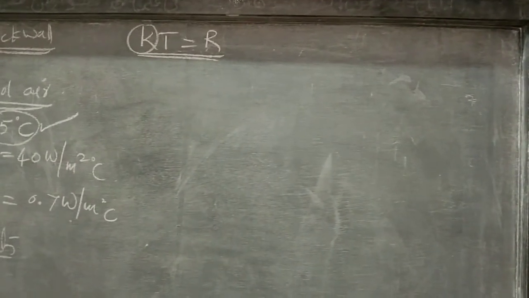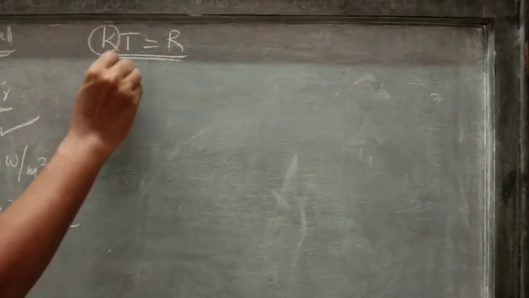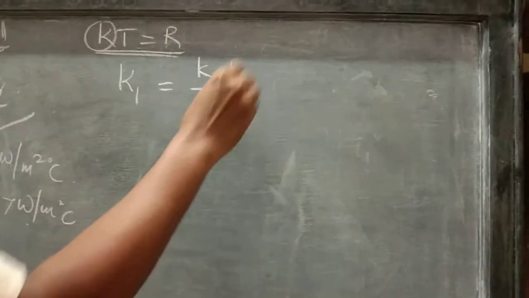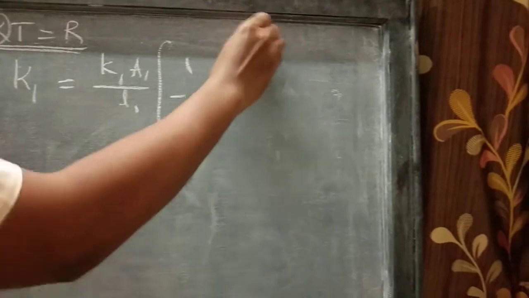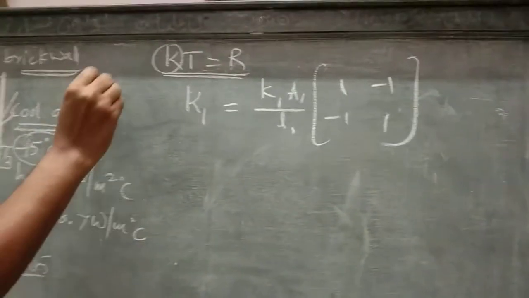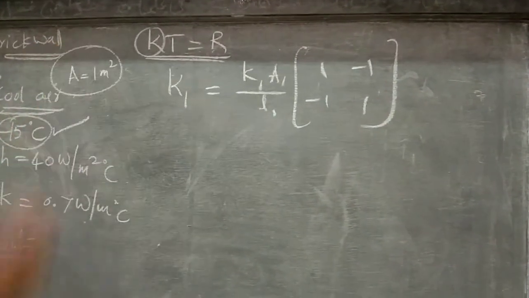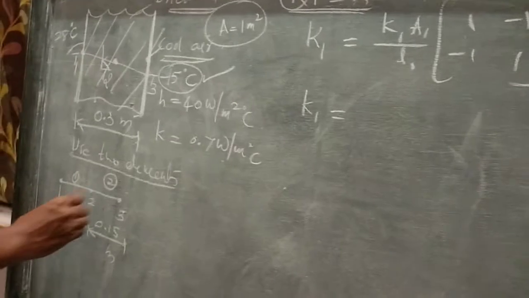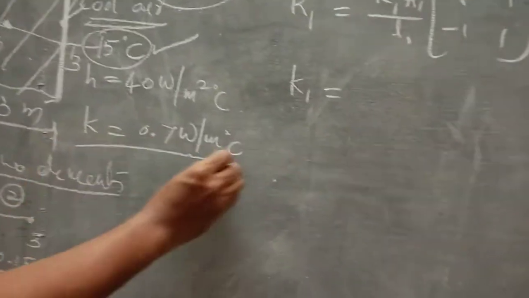What is the thermal stiffness matrix for element 1? It is given by K1 A1 by L1 times the matrix [1 -1; -1 1]. Since area is not given, consider area as 1 meter square. K1 is the thermal conductivity of material 1, which is 0.7.